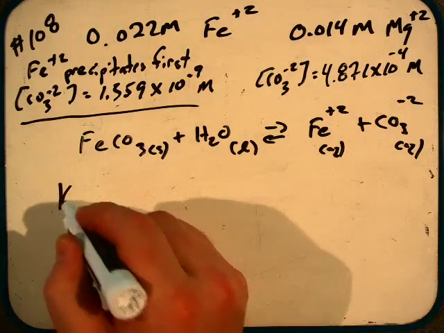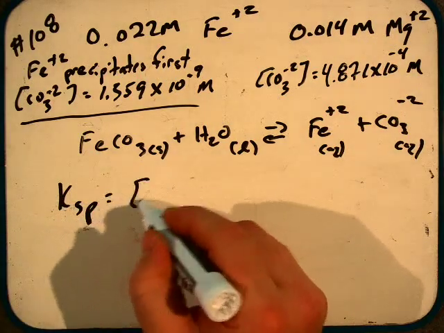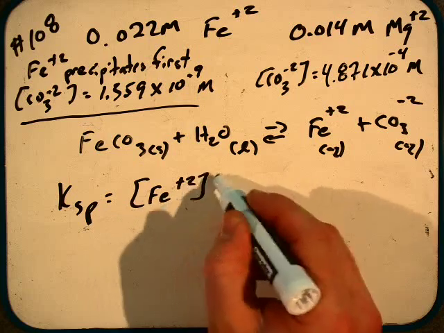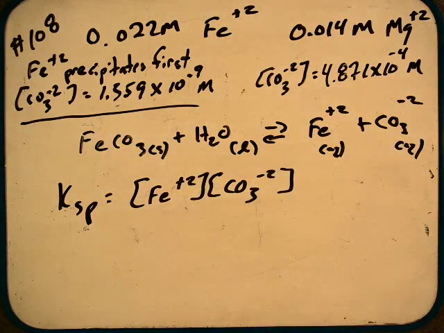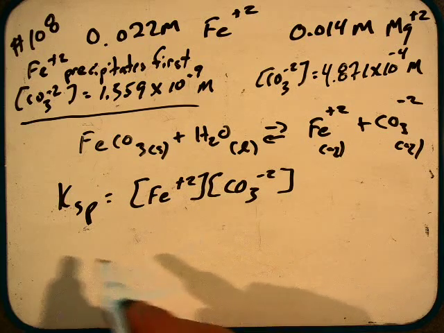And so we want to use our same KSP expression as we did in part A, but now we're not going to be solving for the carbonate, we're going to be solving for the iron.